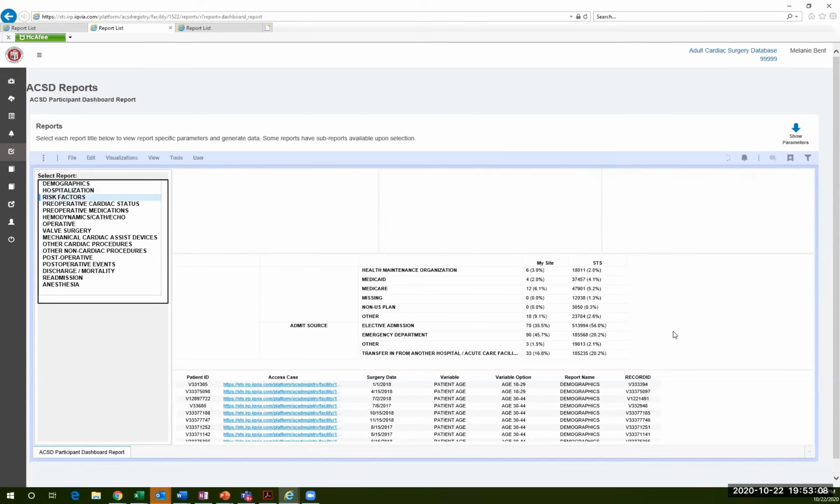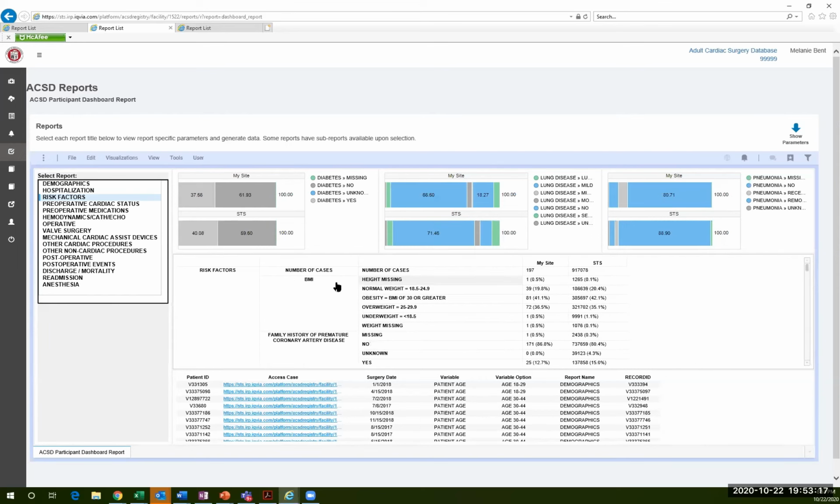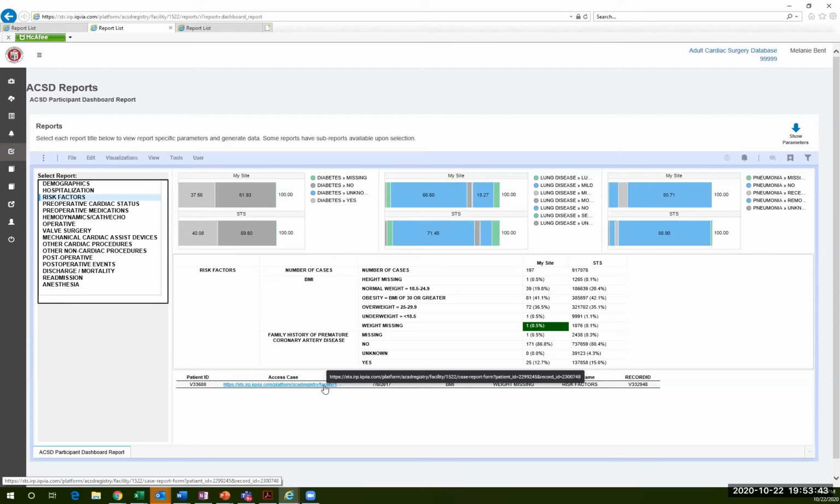So let me just bring that up, where even if I wanted to see, for example, if there was a patient that had missing height information or missing weight information, we have that type of granular information to be able to drill down and show the user that actual case where the information is missing. And so if I wanted to go in and see who that patient was and do that update, those users that are currently using the system to do direct data entry are able to go in and see this information and make that update in real time.